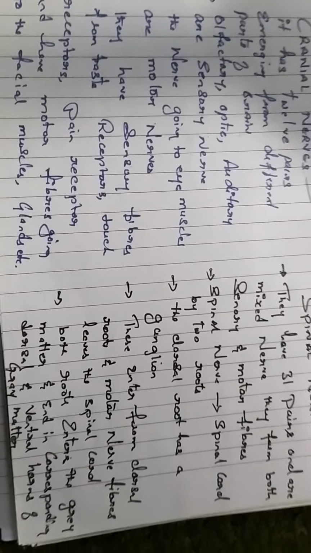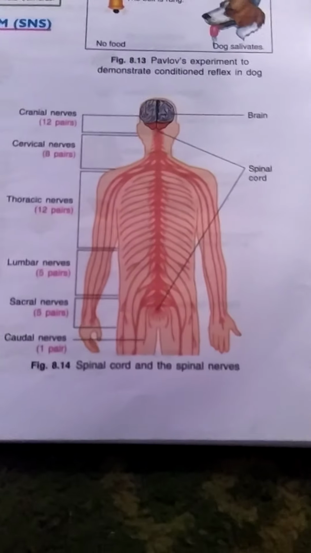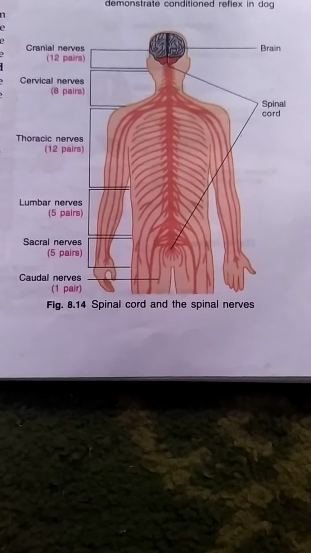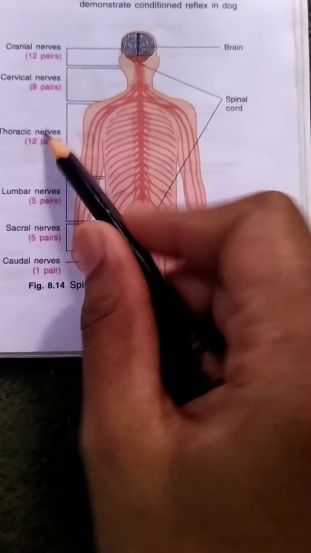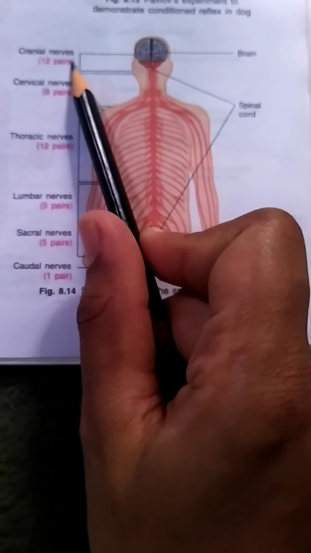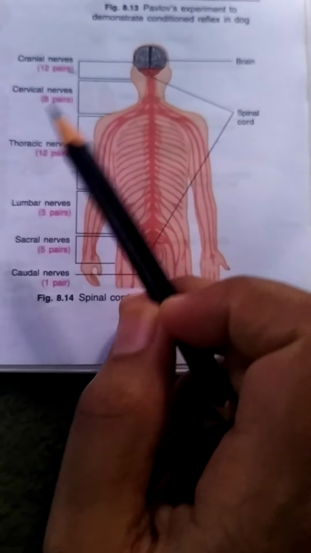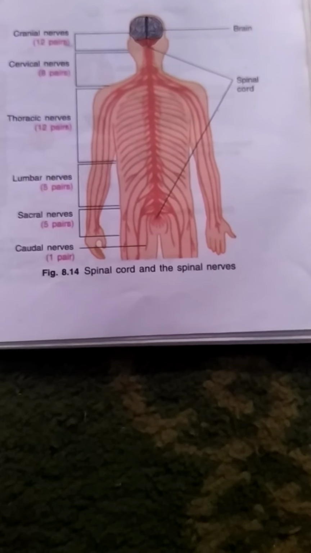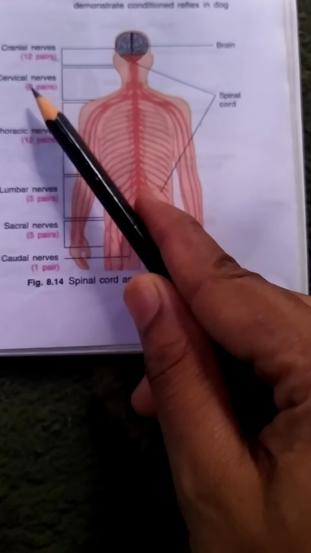These are nothing but the cranial nerves, as you can see here in the picture. I hope you are able to see this. Okay, these are the cranial nerves, 12 pairs.